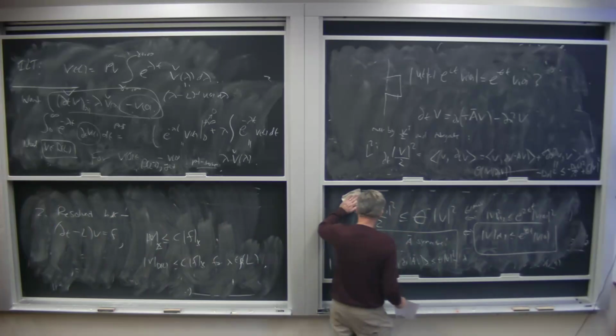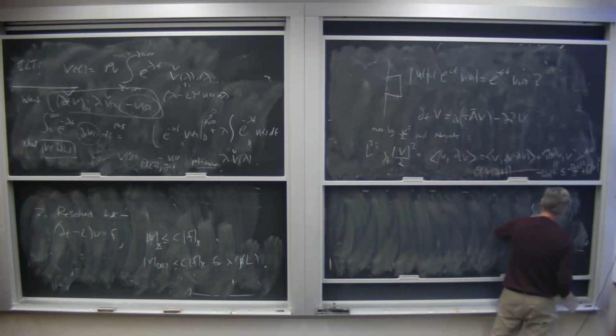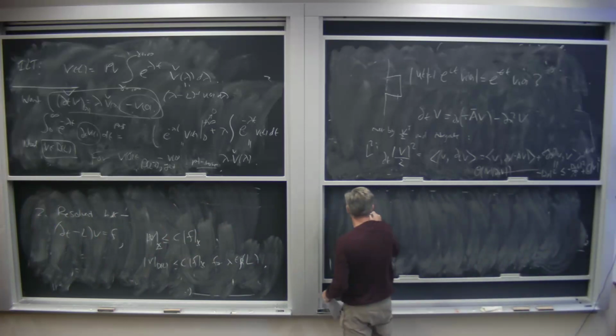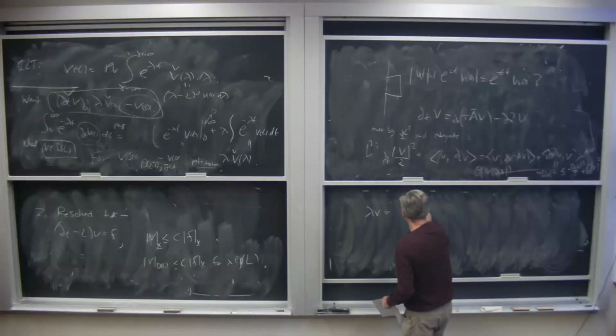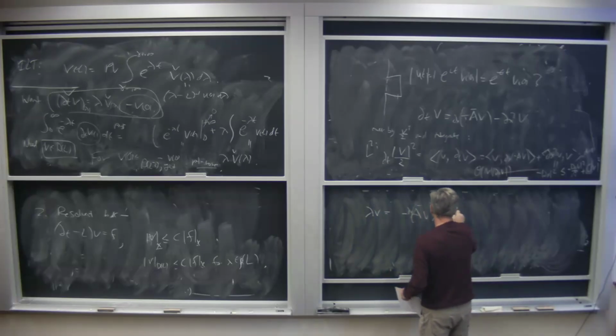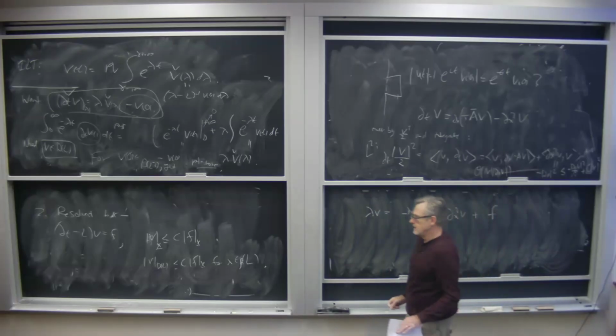Energy estimate. But now it's lambda v equals negative dx a bar v minus dx squared v plus f. That's the only difference.